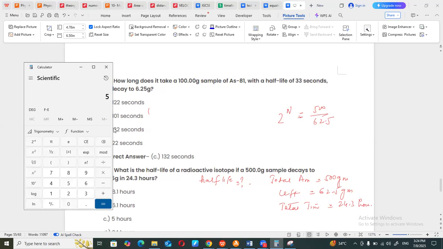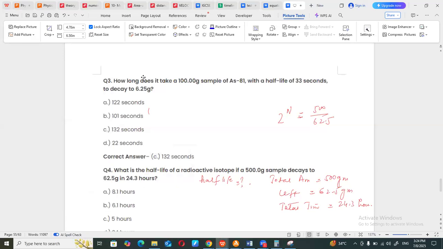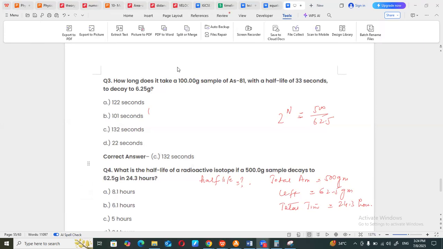So 500 divided by 62.5 is coming 8, which means that 2 to the power n is equal to 8, so n is equal to 3. It means there will be 3 half-lives, right? And now, what is the half-life?